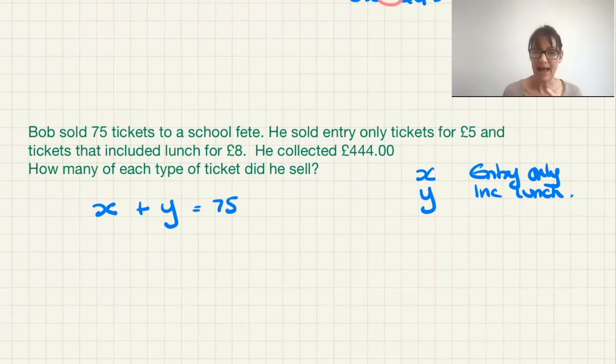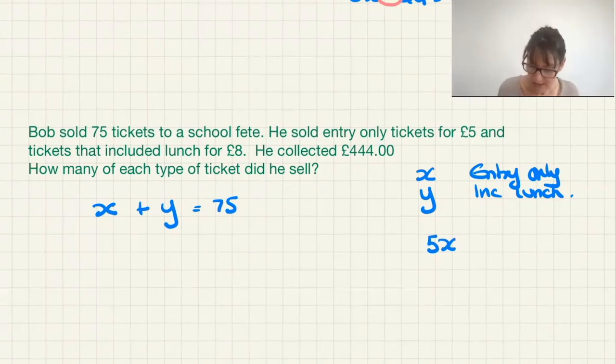Now we go back to working out what would be our second equation, because we need 2 if we're going to solve them. So he sold entry-only tickets for £5. So this is where I'm going to bring that in. Entry-only tickets for £5 means that for every X he sold, he got £5. So 5 times 1 is 5, 5 times 2 is 10, 5 times 3 is 15, and so on.